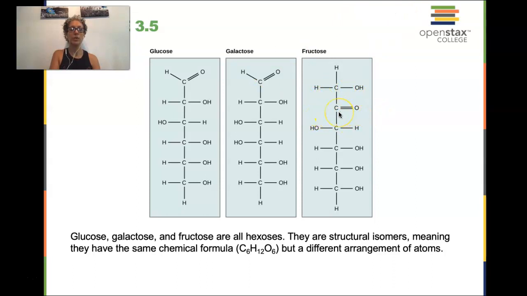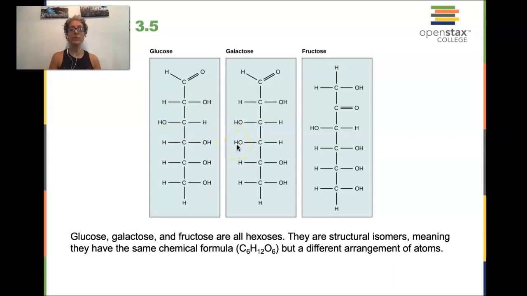carbonyl carbon. So if both glucose and galactose are aldoses, they have that end carbonyl, the aldehyde carbonyl. If we look through the rest of their 5 carbons, the only difference we see is at carbon 1, 2, 3, 4. There's a hydrogen on the left-hand side in glucose and a hydroxyl on the left-hand side in galactose.